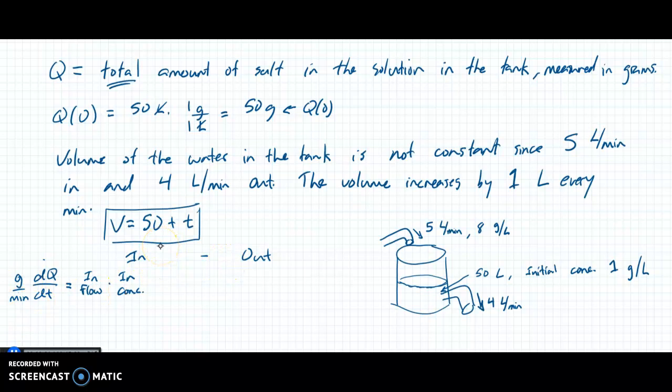And then my out, it's going to be a little bit more complicated. It's always the out flow rate times a fraction.